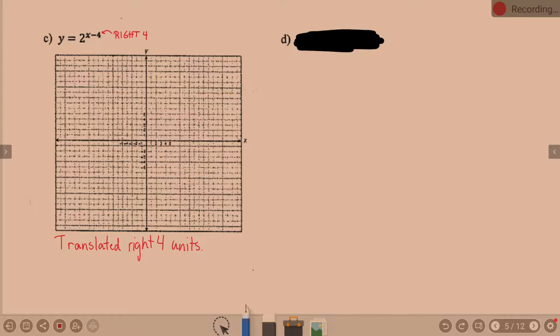I still want to use -2, -1, 0, 1, 2, but the part of the graph I'm going to use is just y equals 2 to the x. Because what can I do with those points after I get the points for y equals 2 to the x? Move them right 4. So what we're going to do is graph y equals 2 to the x, and then we will move right 4. That's my plan.